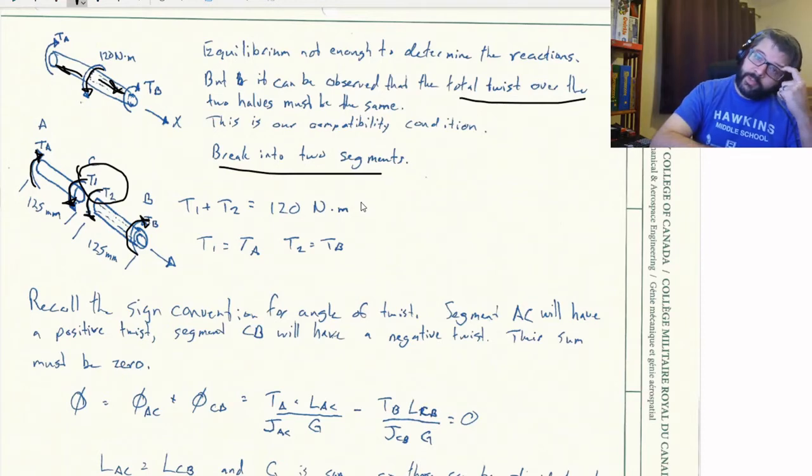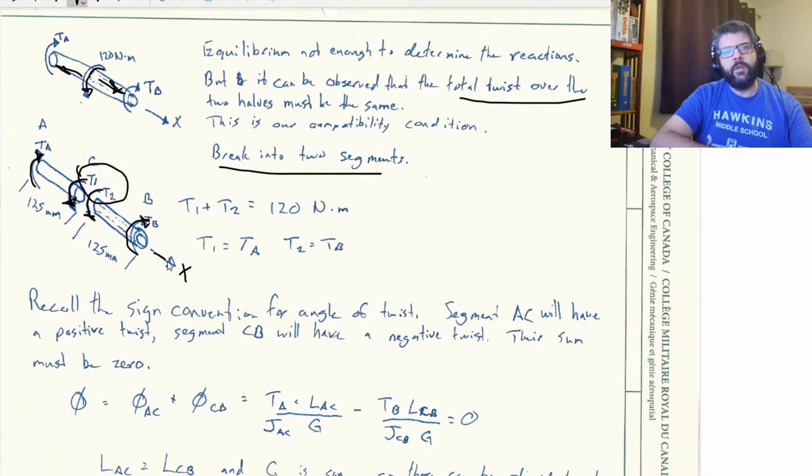So you will recall the sign convention for the angle of twist. So basically if we're looking down the x-axis, anything that causes a line that initially looked like this to go like this is a positive twist.